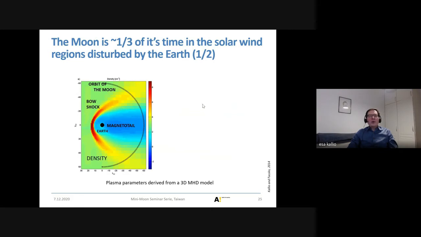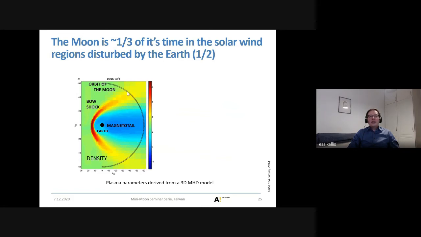And of course, the moon is interesting in that it's not always in the solar wind. It's most of the time in the solar wind, but here you can see, for example, in a magnetohydrodynamic model, how the properties of the density change when the moon is moving through the bow shock, the magnetosheath and the magnetotail.